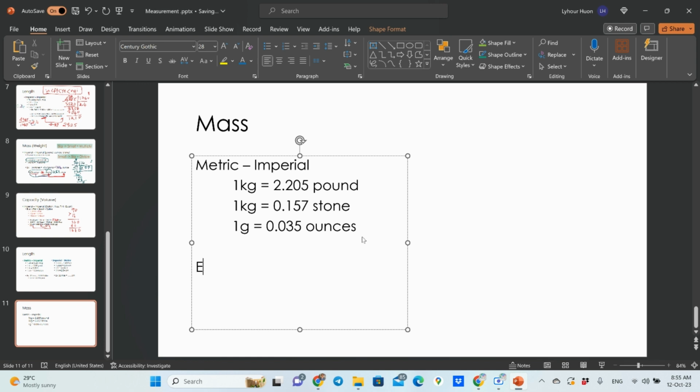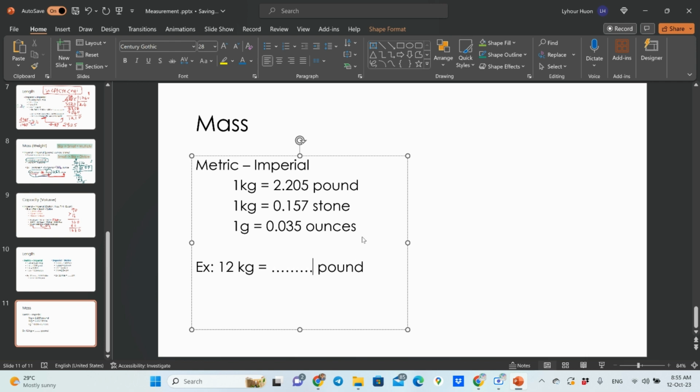So if you happen to be asked to convert, let's say, 12 kilograms to stone. Stone is not normally used, so let's do pounds.